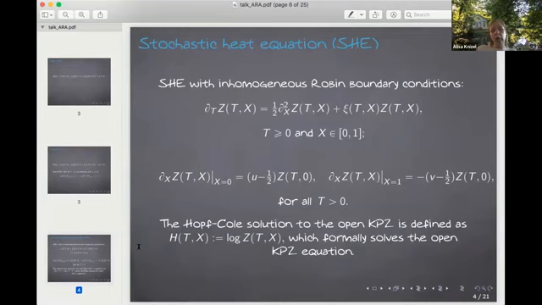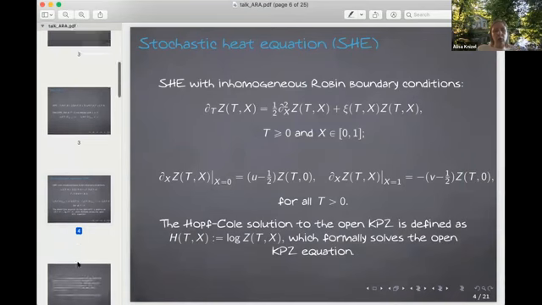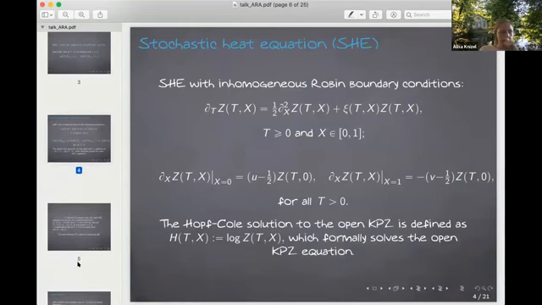And now, if we take the logarithm of the solution, this function Z, then it formally solves the open KPZ equation. So when I talk about the solution here, I will talk in terms of this connection with the stochastic heat equation. Okay, so this is the notion of the solution for the KPZ equation.